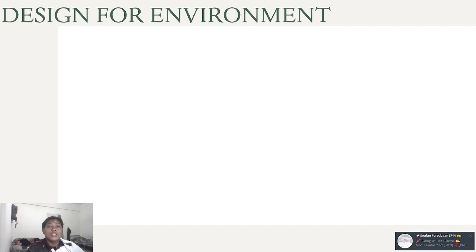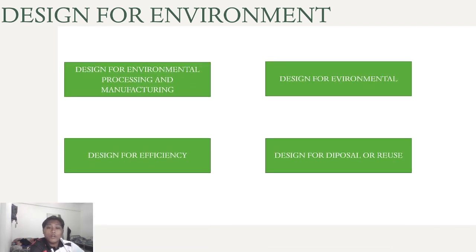Okay, let's go to the main concepts of DFE. The first concept is design for environmental processing and manufacturing. This ensures that raw material extraction like mining and drilling, processing usable material like metal melting, and also manufacturing are done using material and processes which are not dangerous to the environment or the employees working on site.